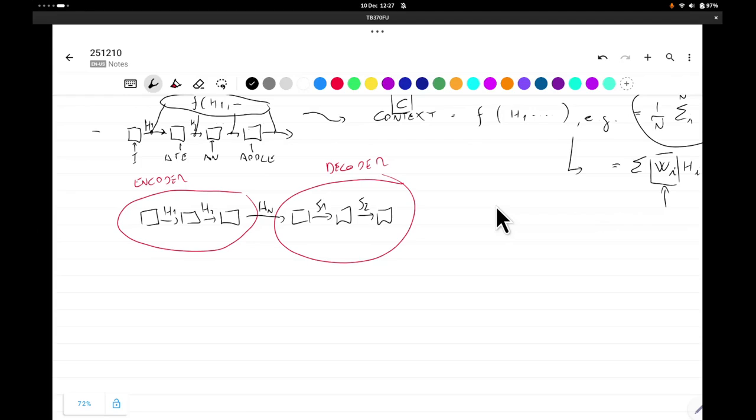And so I want to construct this context, and I need to have weights that are a function of state H and state S at the previous step, so I and I minus 1.